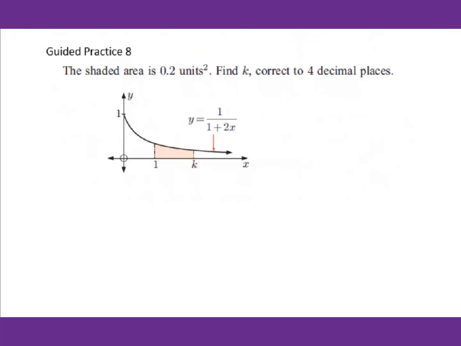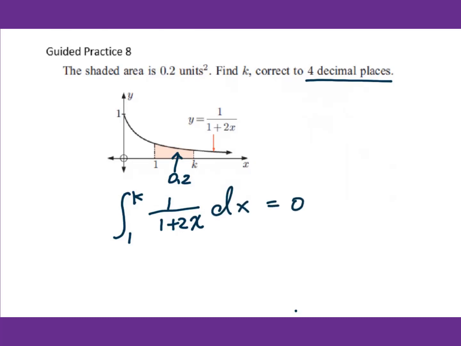Let's go to guided practice 8. The shaded area is 0.2 unit square. Find k correct to 4 decimal places. According to the given information, we can write down the definite integral of 1 over 1 plus 2x from 1 to k, that equals 0.2.